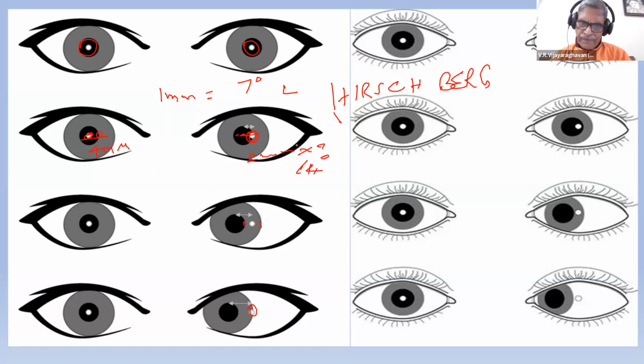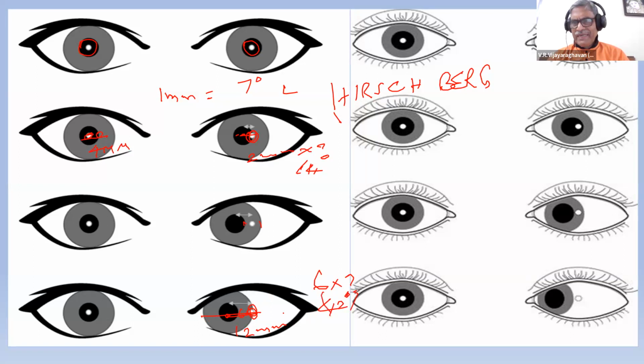Suppose the reflex falls on the limbus. The horizontal diameter of the cornea is approximately 12 millimeters, so from center it's about 6 millimeters to the limbus. So 6 into 7 is 42.